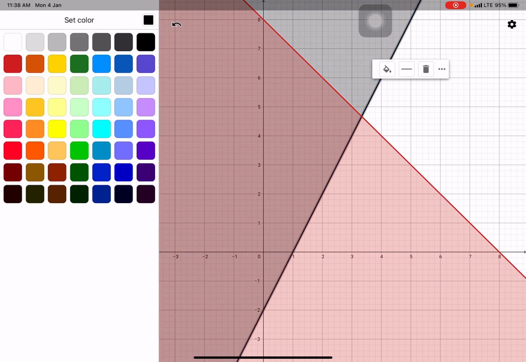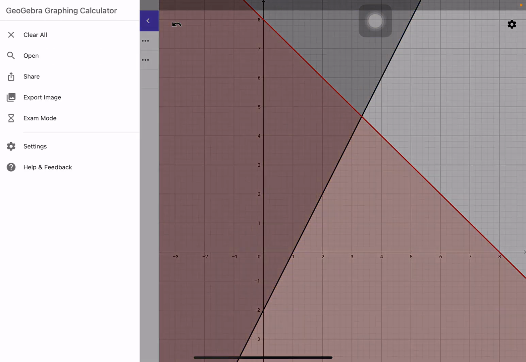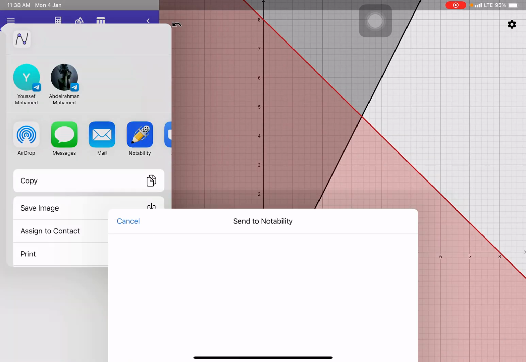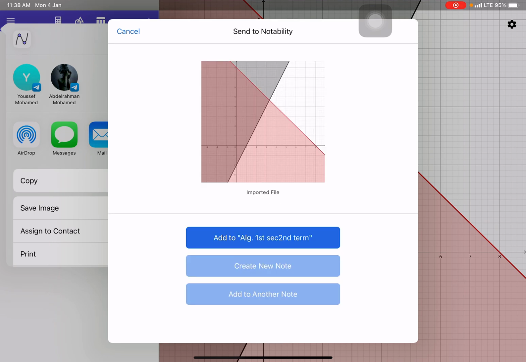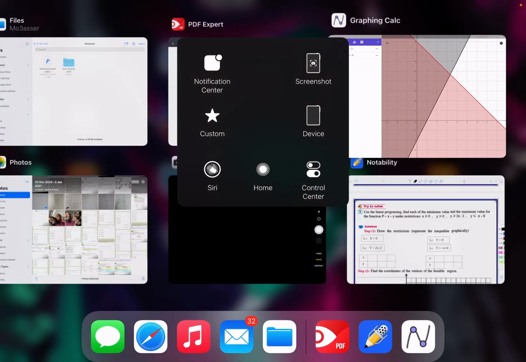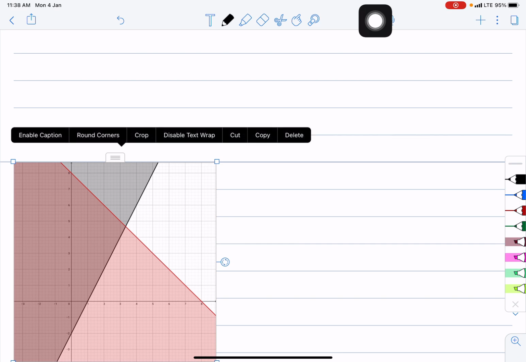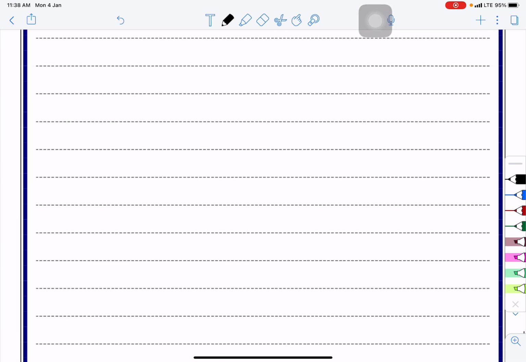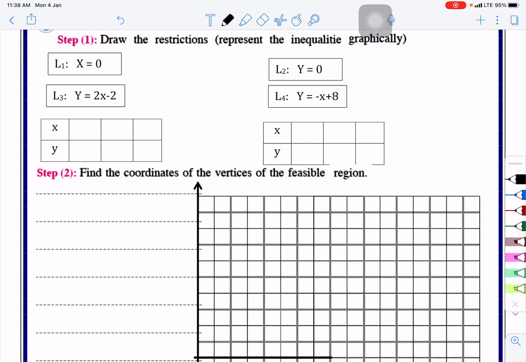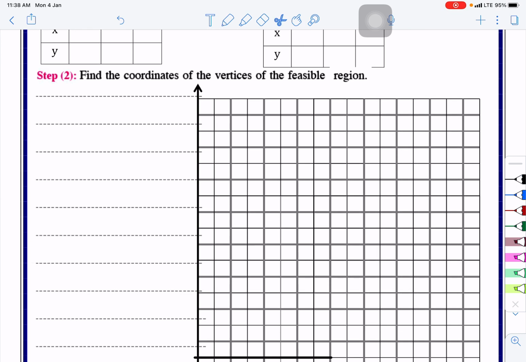Second inequality, yes. This is the inequality. Put it here.